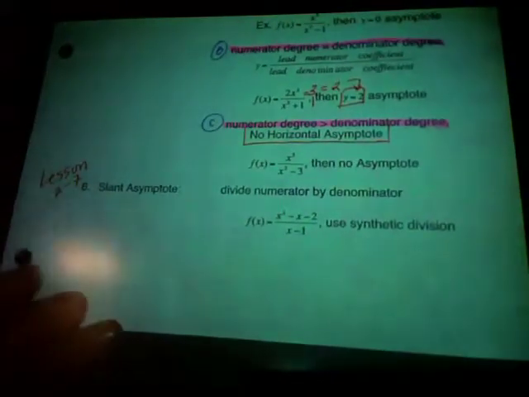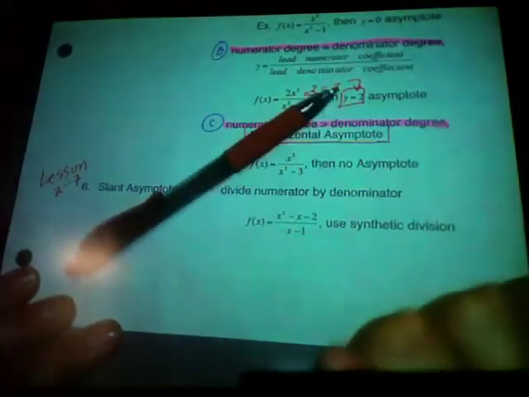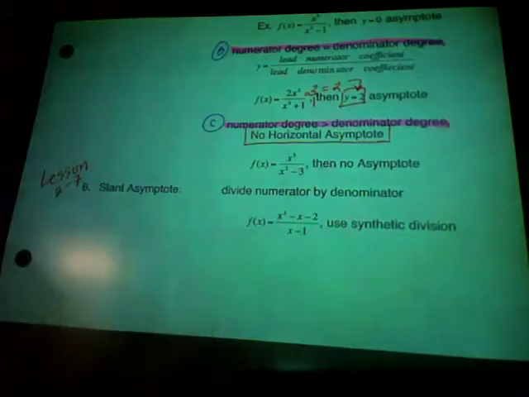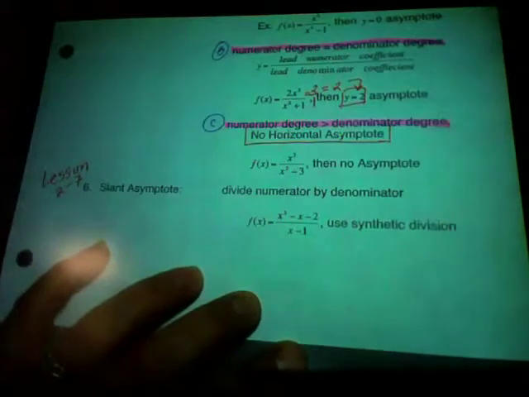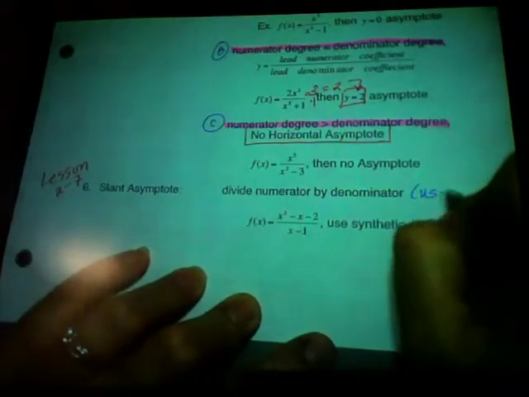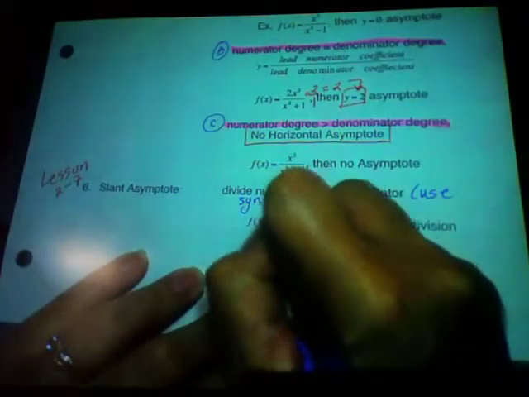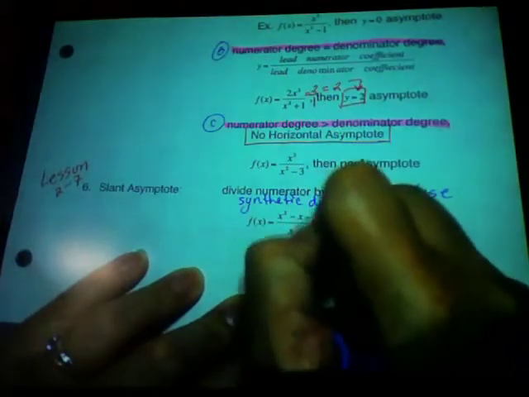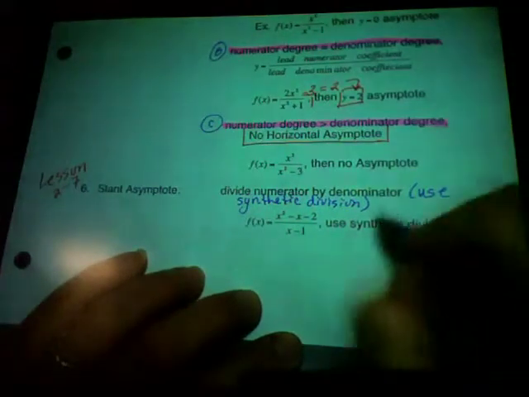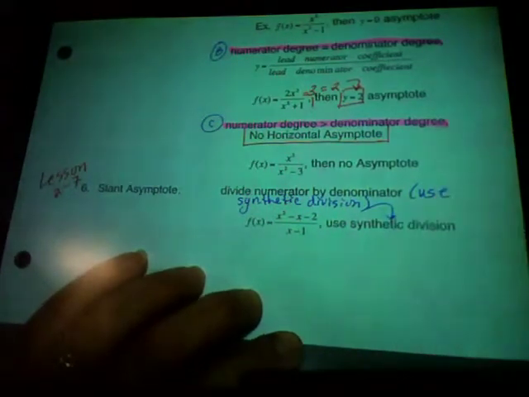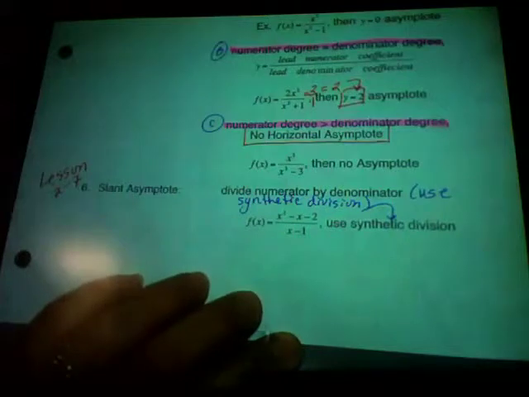The slant asymptote means that it's going to be at a diagonal. It won't be vertical, it won't be horizontal. And all you do is take your numerator and divide it by your denominator. That means that you're going to be using synthetic division. So use synthetic division. But here's an important thing, that you don't always have a slant asymptote.